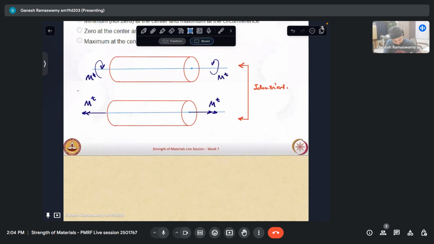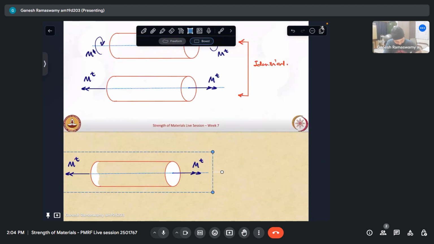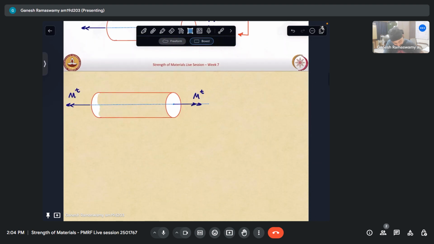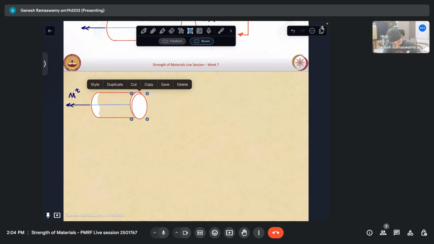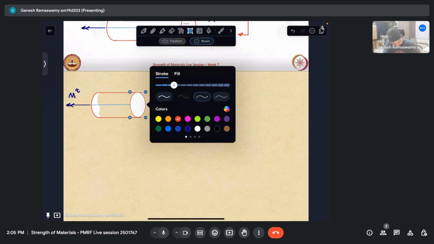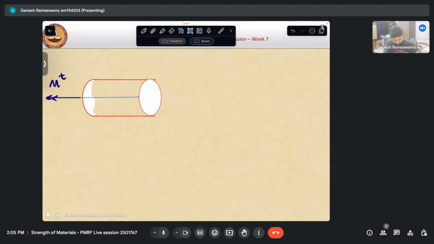If I were to take this shaft, bring it here, and cut a section, and remove the rest of the shaft, this is the cut portion of the shaft, which I make dotted so that it becomes clear.